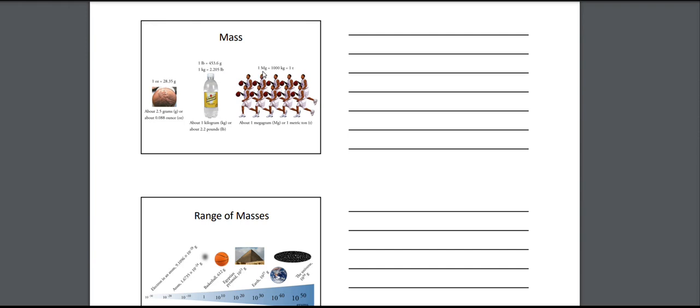Okay. 1 megagram, remember this one, an uppercase M with a lowercase g, that's a megagram, equals 1,000 kg, right? And that one also equals 1 ton. It's about the mass of a basketball team combined all together.